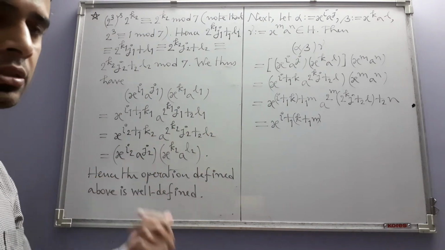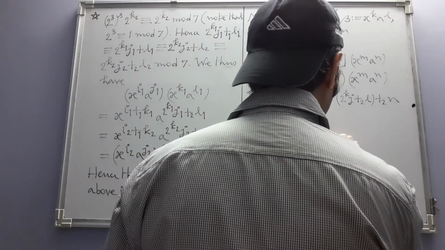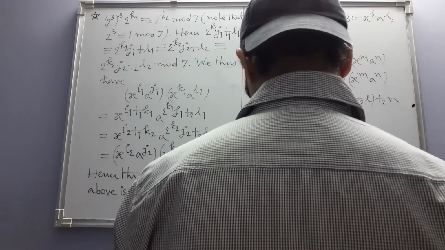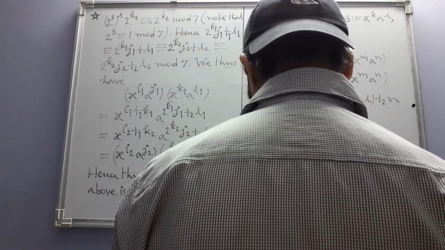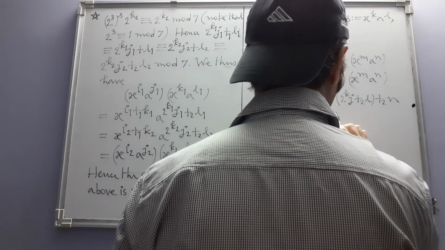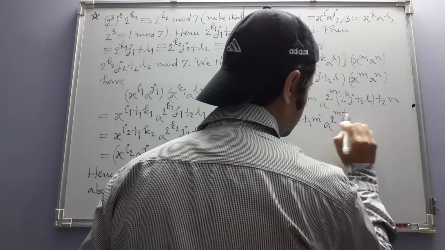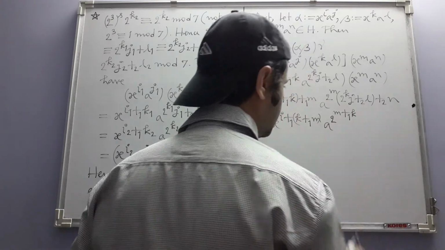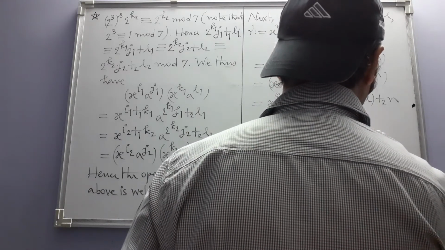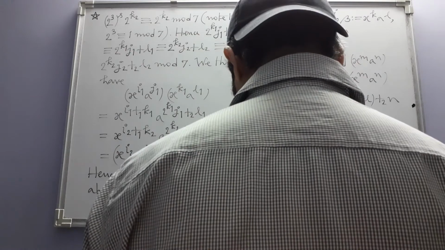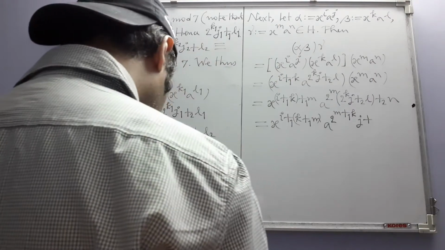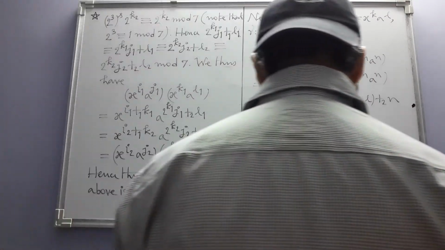We have to justify all these things, okay? And then in place of this we are writing 2 to the power m plus 1k. All these things may look extremely weird, almost out of the blue, but we will see that it works.